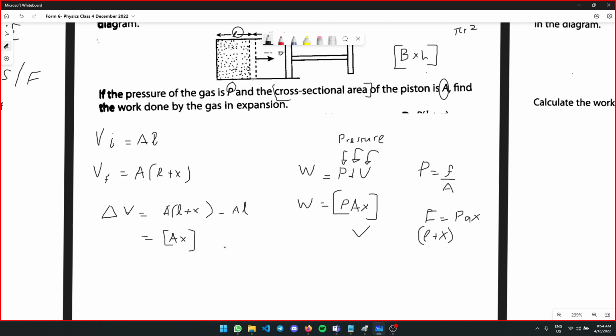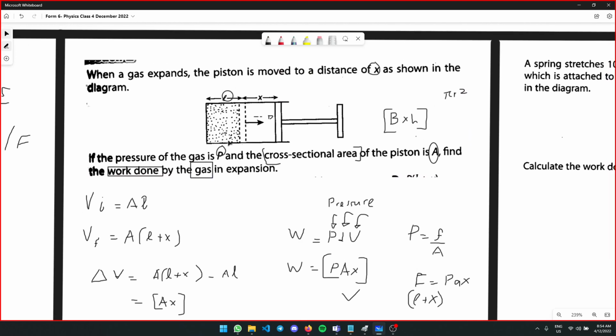So how do we know whether to add the L or not? You have to see what they ask: find the work done by the gas. Since they say the gas is expanding, and N is the initial point, they only want you to find from N to this point here.